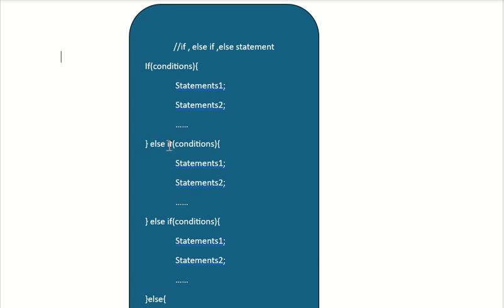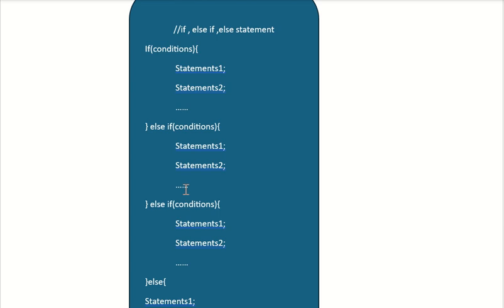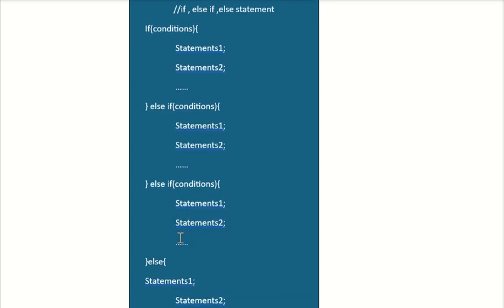Then the else if block will start, with again a condition. Inside the curly braces, statement 2, statement 3, whatever the condition we have added, and close. Then you can also add another else if, and add the same kind of condition, on the basis of requirement.